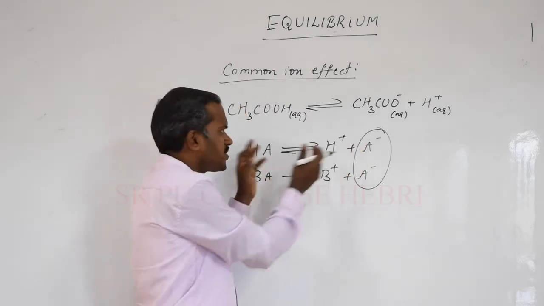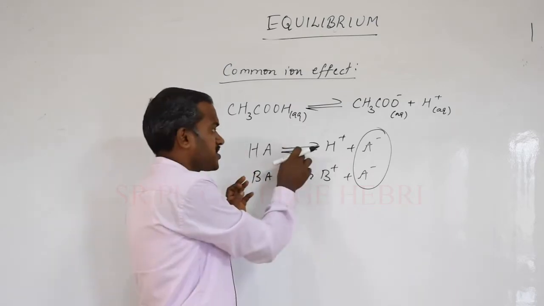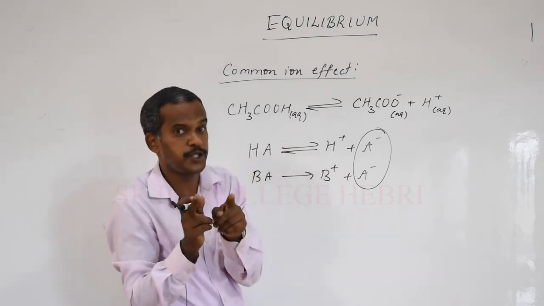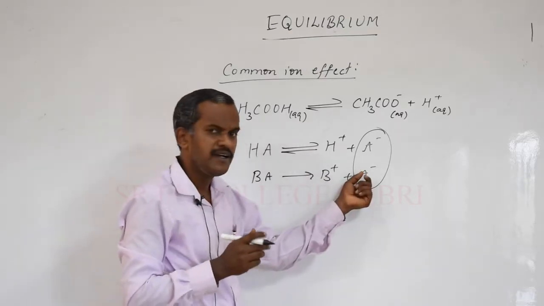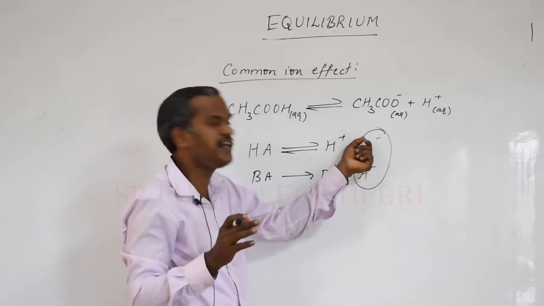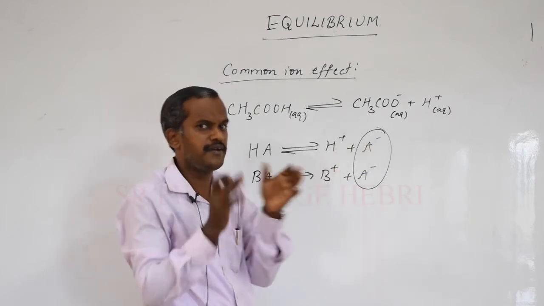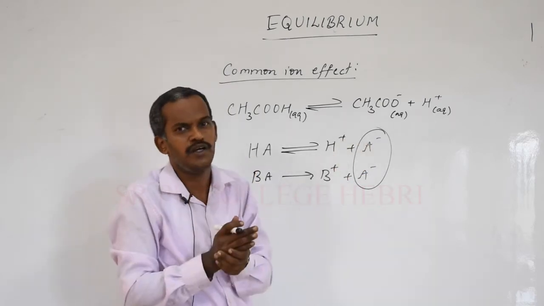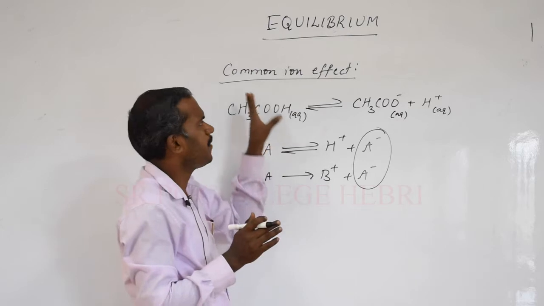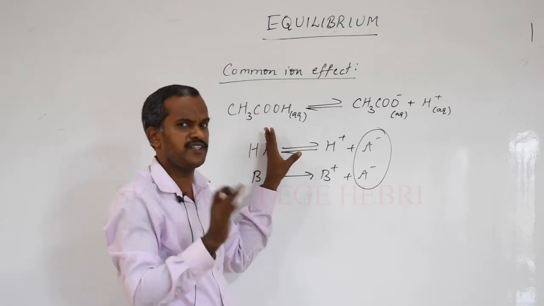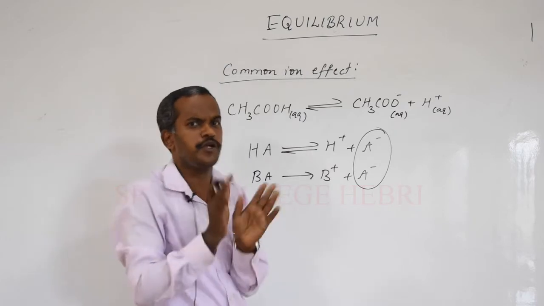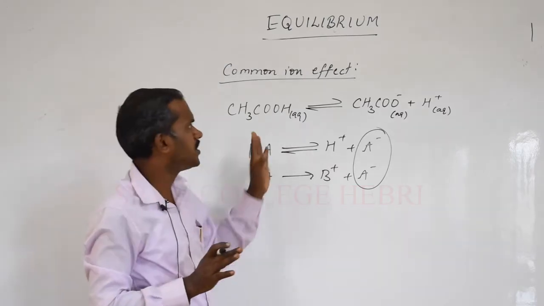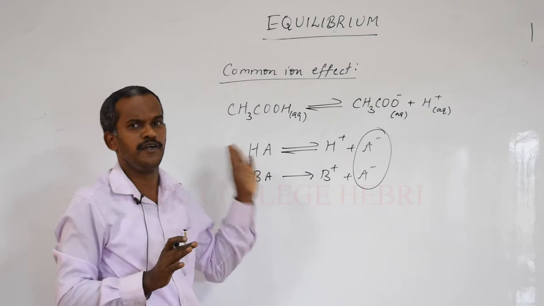So there is a shift of equilibrium in the first equilibrium reaction, and that is called the common ion effect. So we are adding the ions which are already present in the solution, and that particular ion is called the common ion. You remember only this much about the common ion effect, that is sufficient. Applications and more details are there, but you need not worry. Clear? So that is easy about the common ion effect.